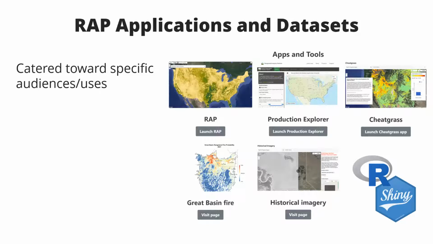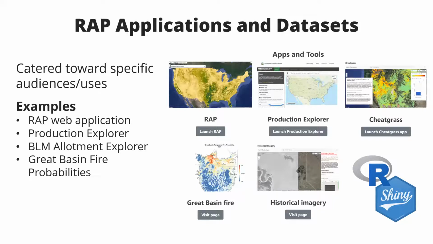But essentially what these apps allow us to do is take what is kind of abstract, two data sets where it may not be immediately obvious how a land manager would want to use them, and cater how they're presented and how we're summarizing data for different folks. And so we have our main RAP data application that allows you to just explore the data as it is.